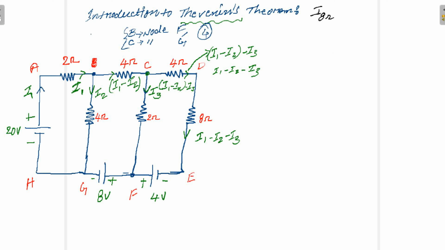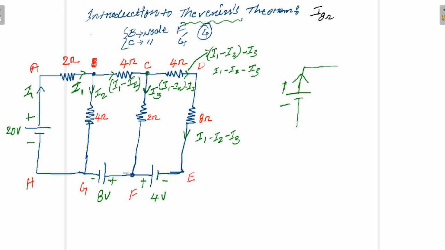This is not a resistive element, but a battery. So what is a battery? This is your positive terminal. Conventionally, the current moves away from the positive polarity of a battery.